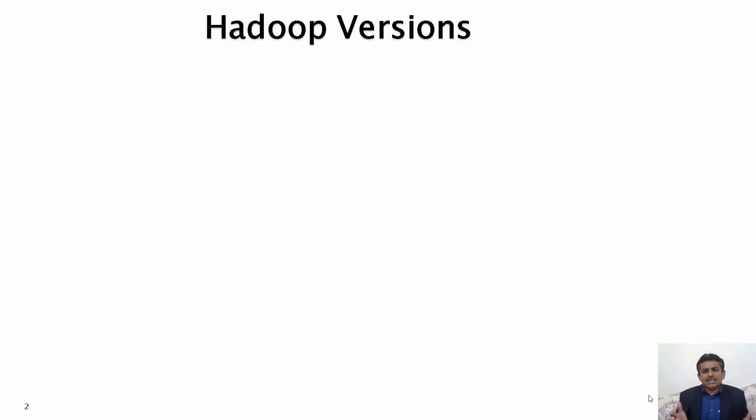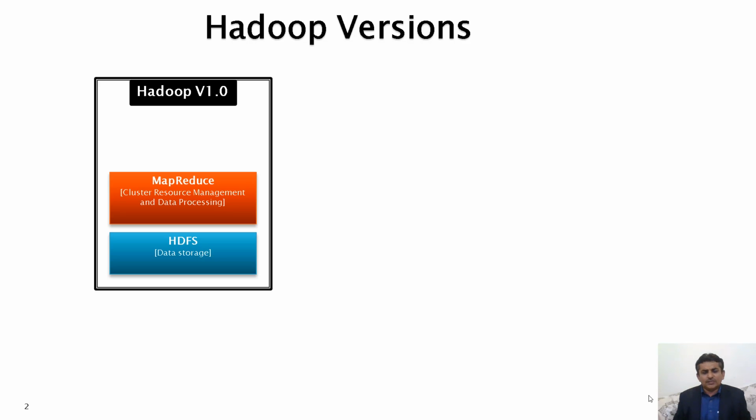In this slide, I will show you the architecture of different versions of Hadoop. The first version of Hadoop was named Hadoop 1.0. In Hadoop 1.0, there were two components. One is the HDFS, which deals with data storage, and the other is MapReduce.